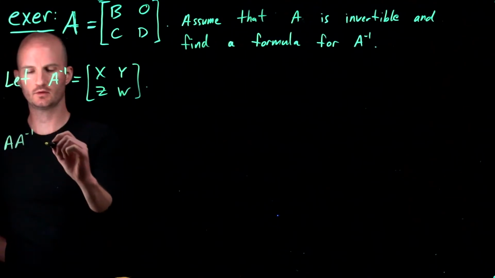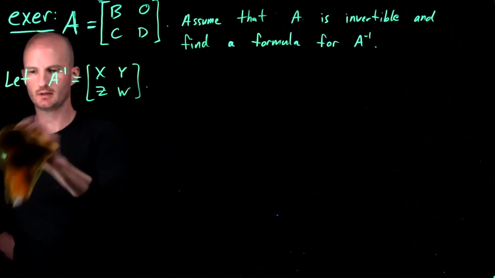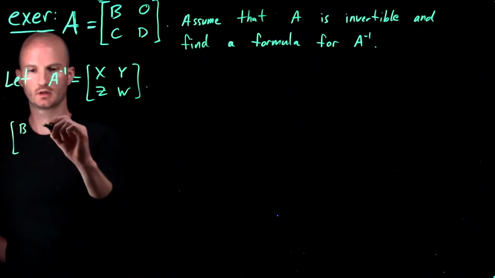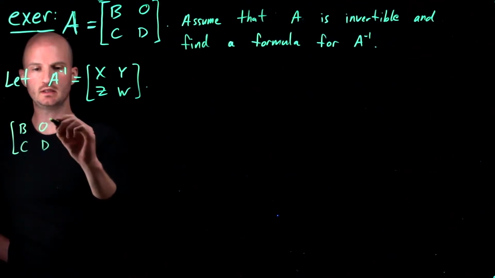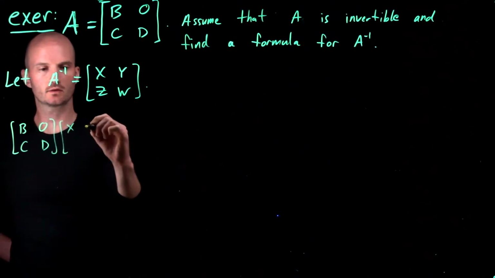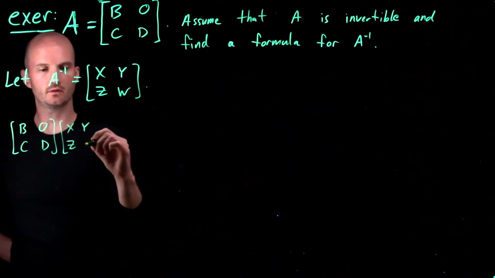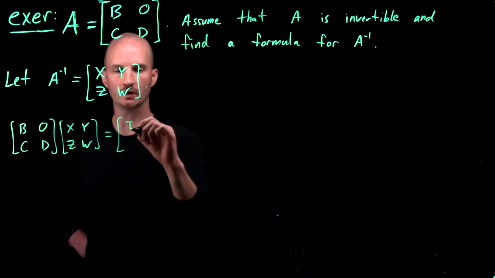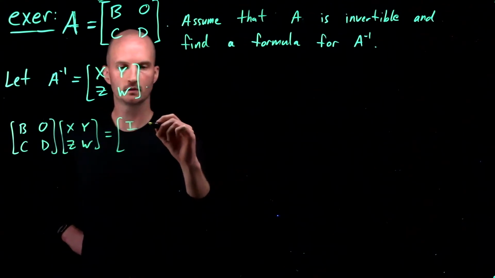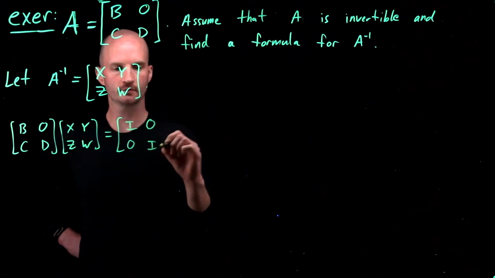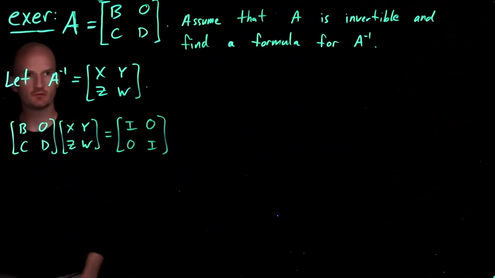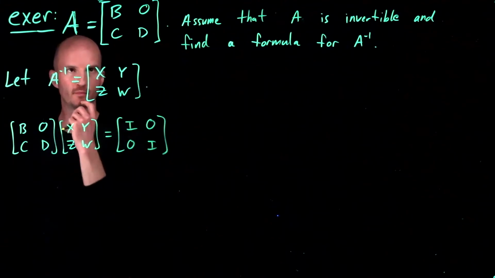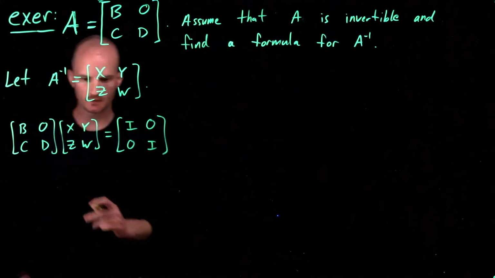So A times A inverse, so B 0 C D times x y z w is equal to I 0 0 I. All right, so a little bit different this time. The 0 has migrated from bottom left to top right. Still get 4 equations here.